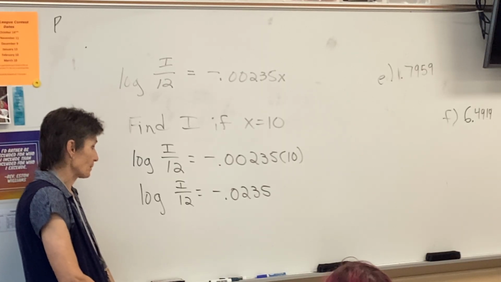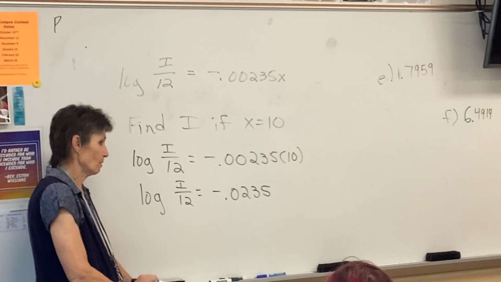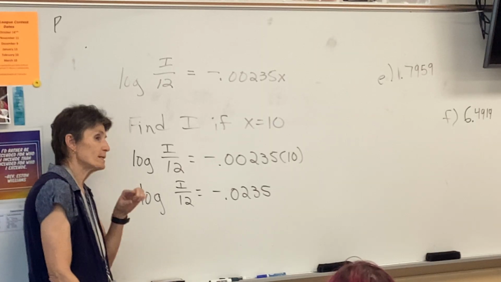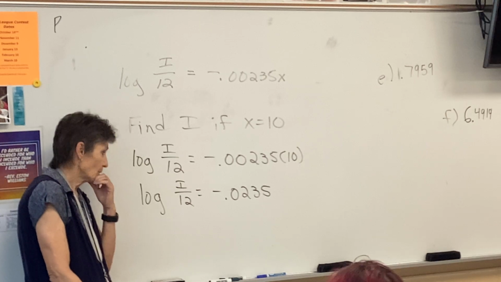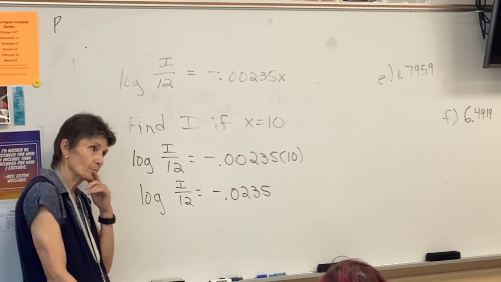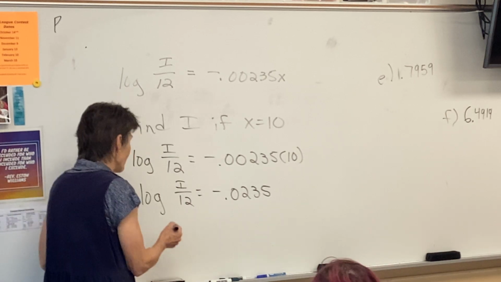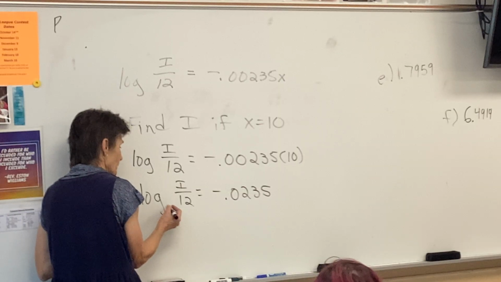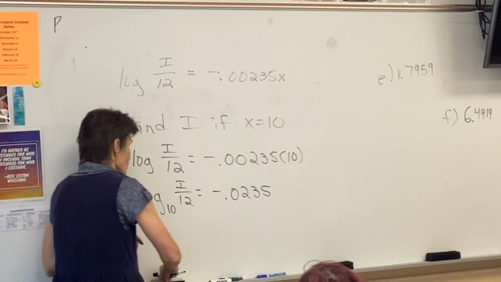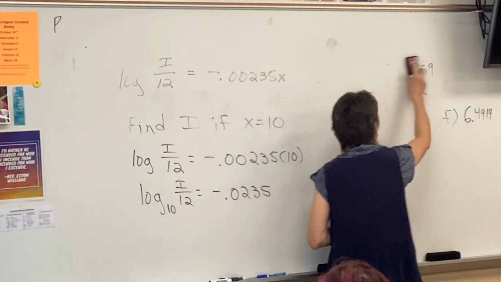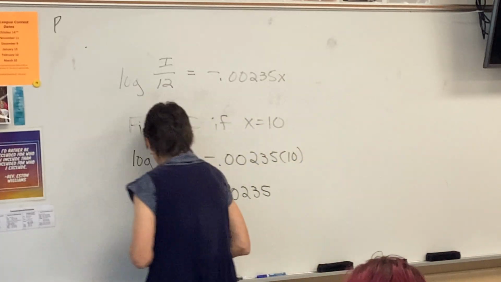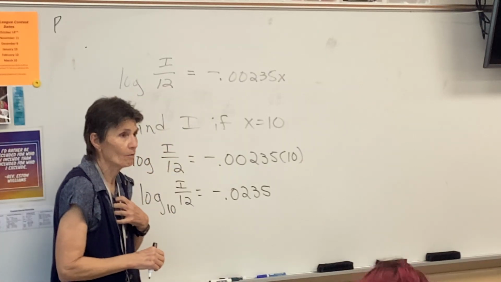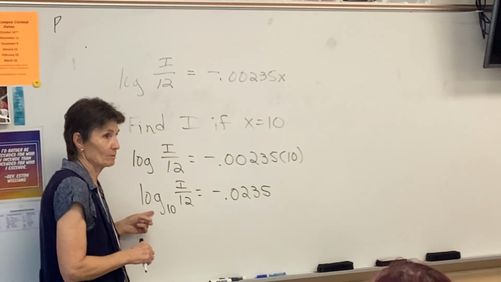Now, this looks terrible, but you actually did a problem like this yesterday. What is the base on this logarithm? 10. So I am going to loop-de-loo this equation because I can't solve it with a logarithm out there.